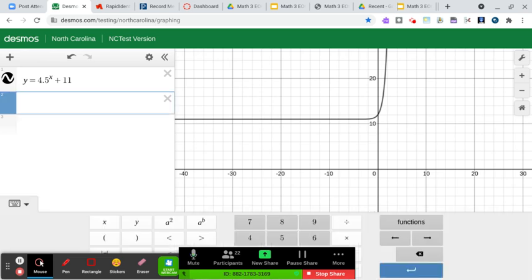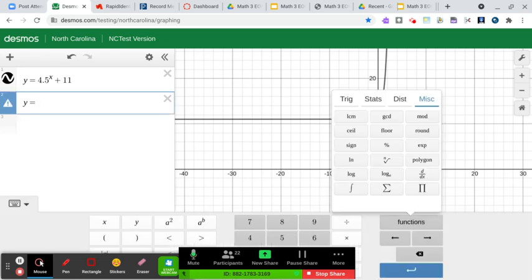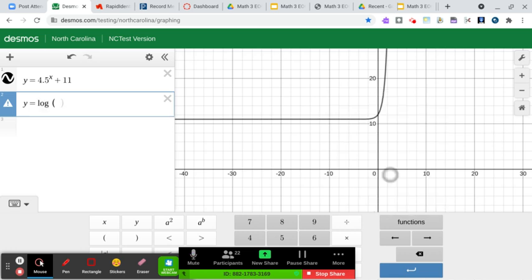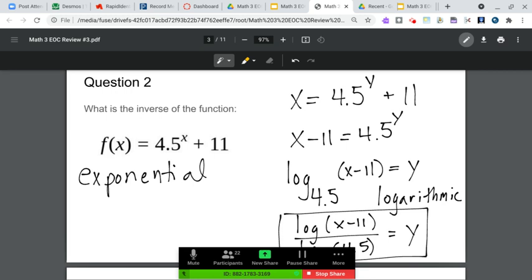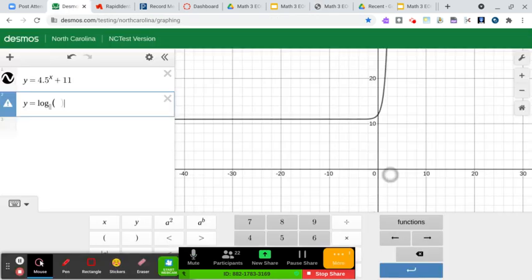And then our inverse we said was y equals, I'm going to go to functions, log base 4.5 of x minus 11.